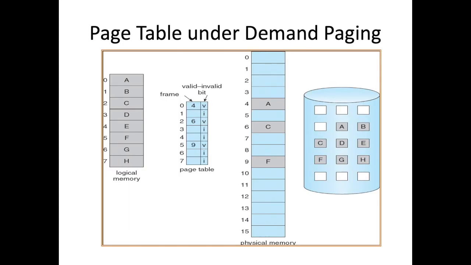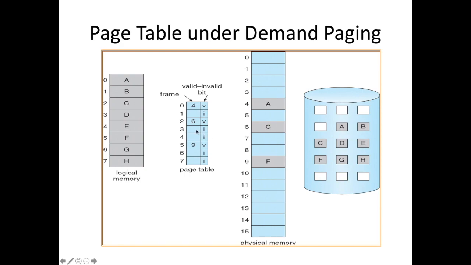Here's a picture out of your book that's showing the same thing I was just talking about. If you're a process, you might think of all of your pages as being one after another in memory, but in reality, maybe only a few of them reside in frames of physical memory. So this picture shows maybe just 3 of them are in physical memory. If we looked at your page table, all the ones that are in a frame of physical memory, they're marked as valid, and the process can access those right away if it wants to.